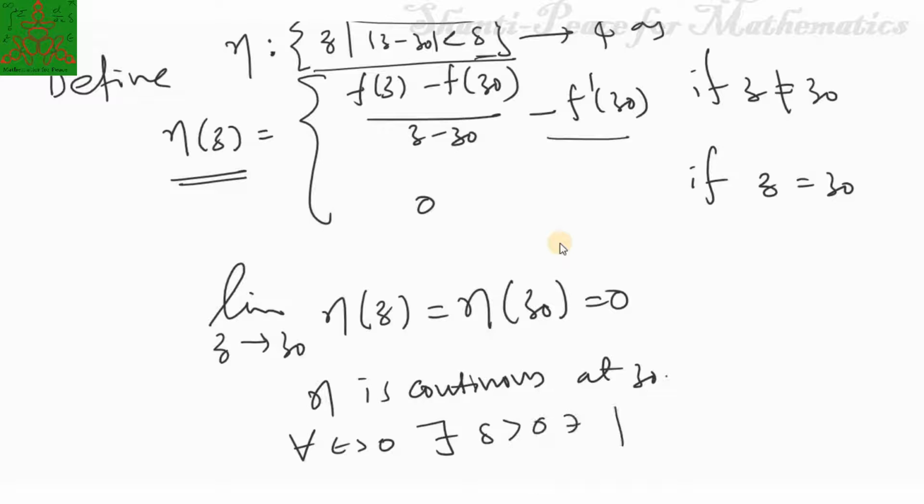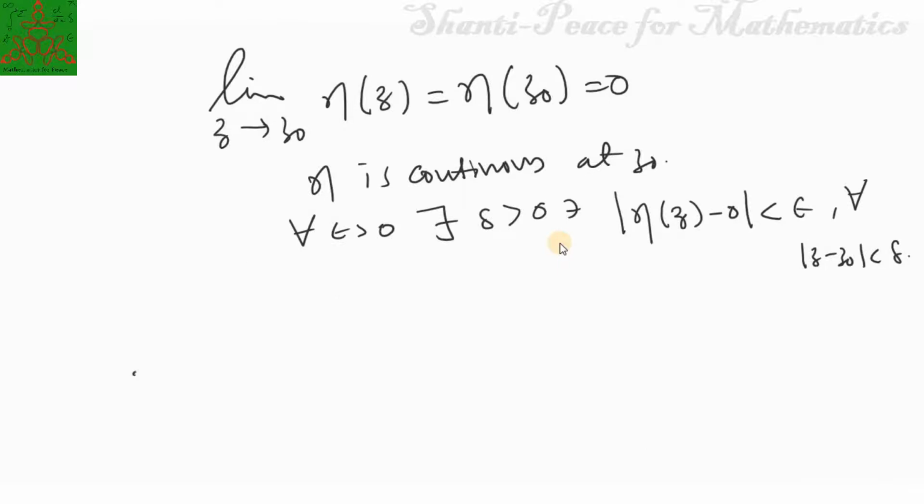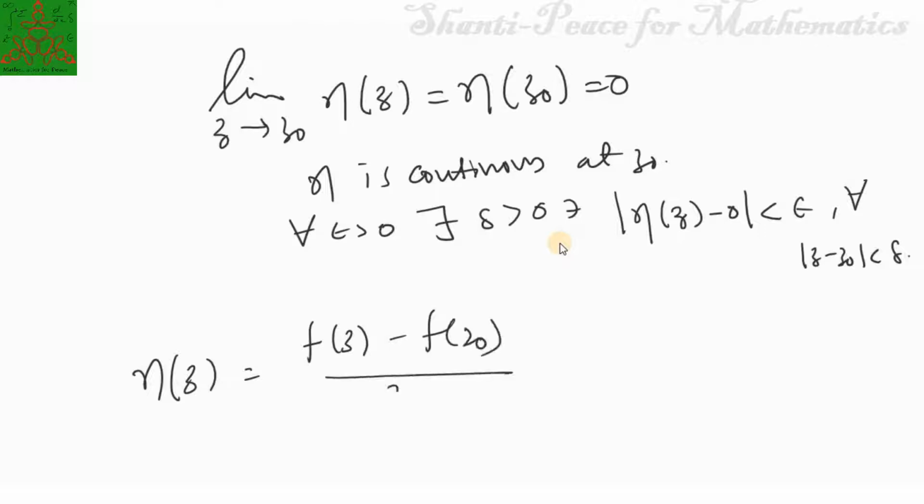There exists a delta greater than 0 such that the modulus of eta of z minus 0 is less than epsilon for every z with modulus z minus z0 less than delta, that we can say. And due to this, we can write this expression, that is eta of z, as f of z minus f of z0 upon z minus z0 minus f dash of z0.